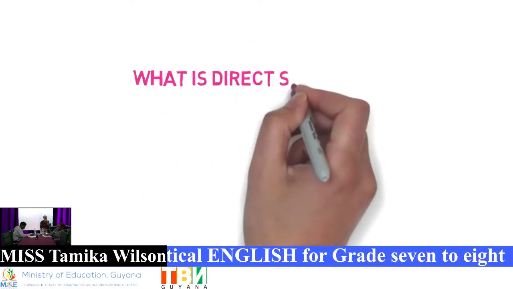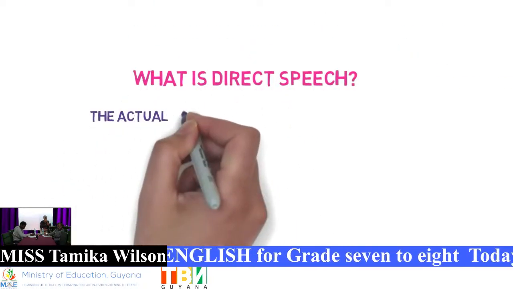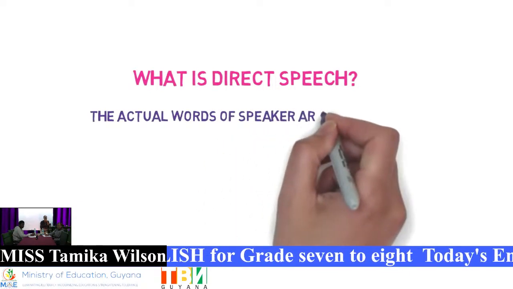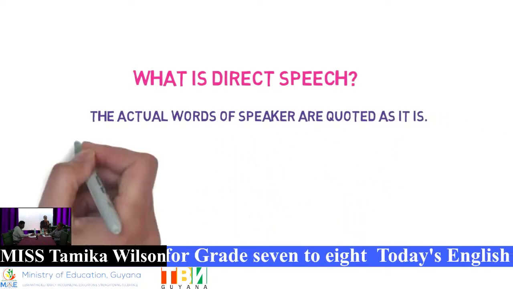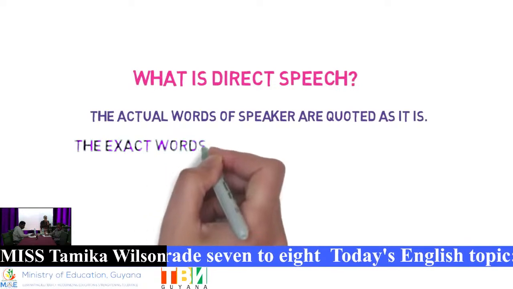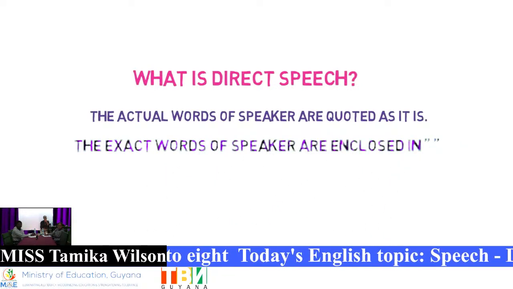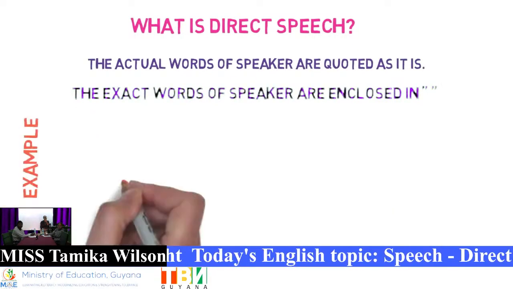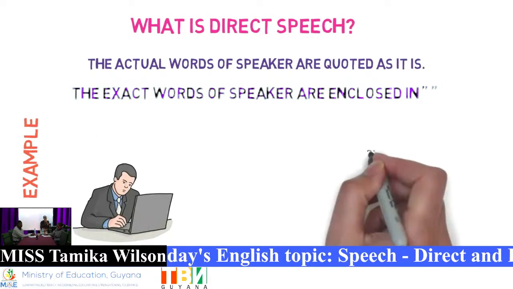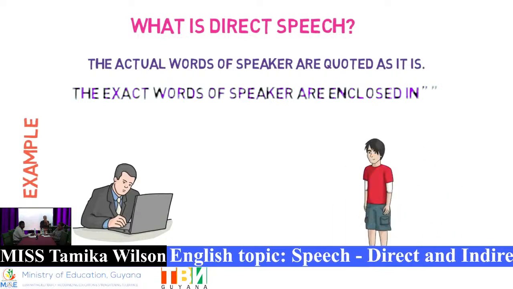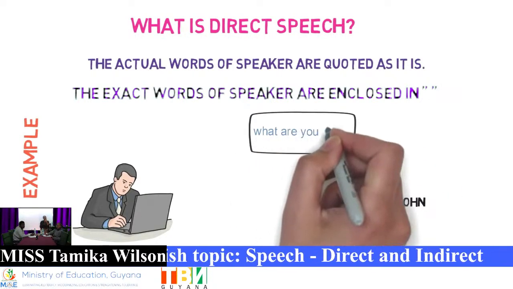So what is direct speech? The actual words of the speaker are quoted as they are without any change. The exact words of the speaker are enclosed in inverted commas or quotation marks. For example, Yogesh was studying when his friend John came. John asked, "What are you doing?"